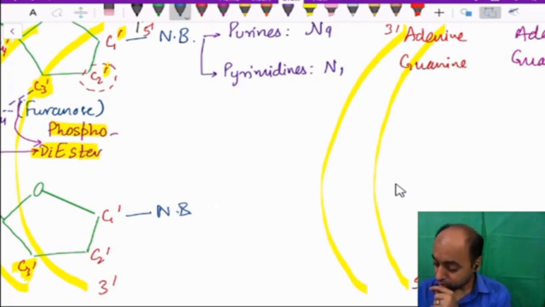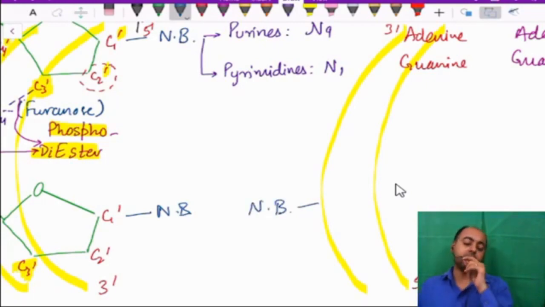This is so to ensure that the nitrogenous bases come to face each other. If the orientation of the second nucleic acid is also 5' to 3' end, in that case our nitrogenous base would have been oriented on this side, and then the two nitrogenous bases will not come close together.